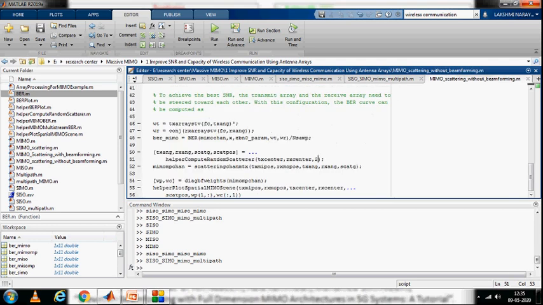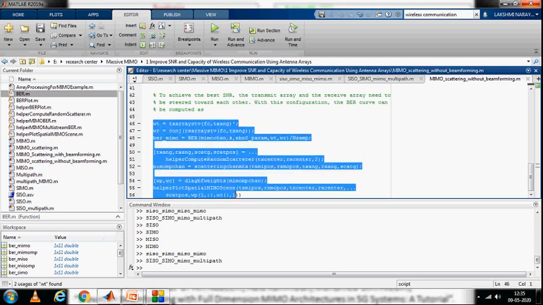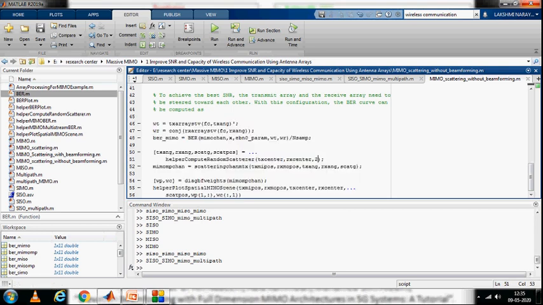Here this program is MIMO scattering without beam forming. The same program I am using, but here I am adding these lines, which are going to describe the beam forming technique, and here the number of scatterers. Here initially we start with 10, without beam forming, means the signal is going to get scattered.